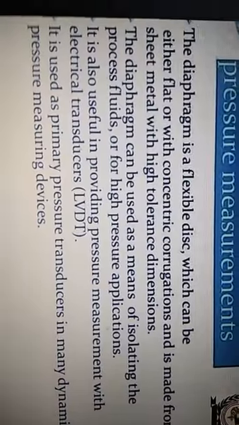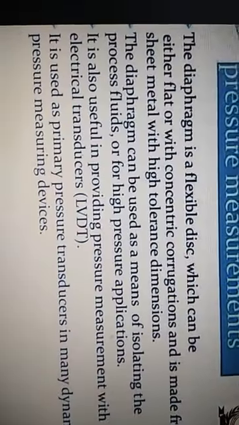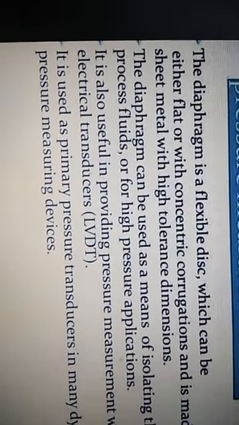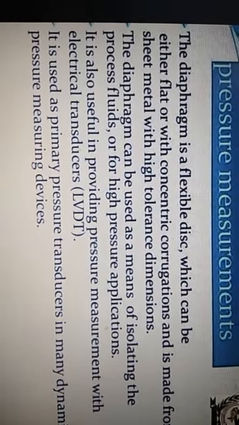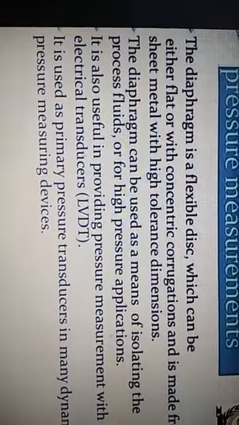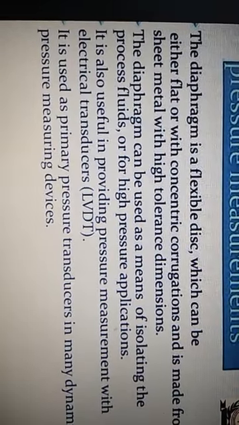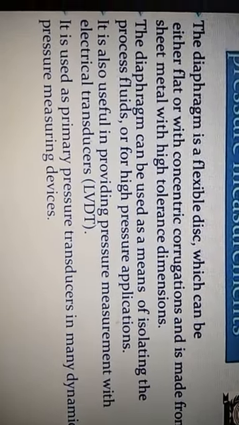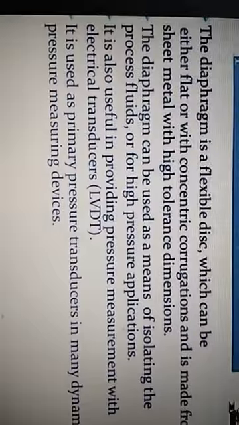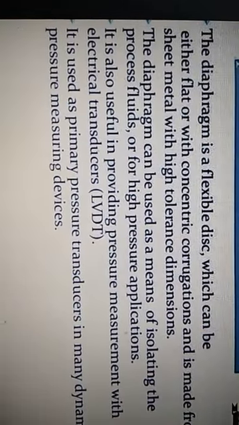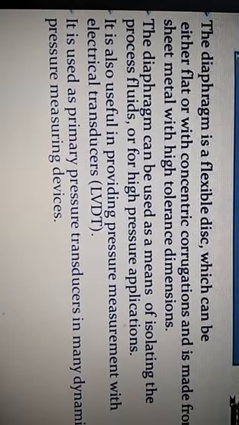The diaphragm can be used as a means of isolating the process fluids or for high pressure applications. It is also useful in providing pressure measurement with electrical transducers like LVDT, linear variable differential transformer.